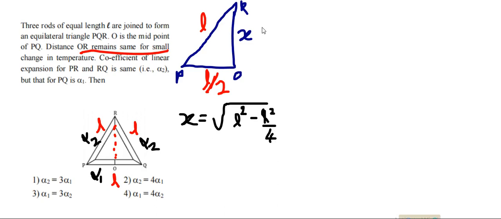Since this is the same before the expansion and after the expansion, after the expansion the length is going to become L2 is equal to L1 into 1 plus alpha delta theta. So we are going to convert this value after the expansion also.